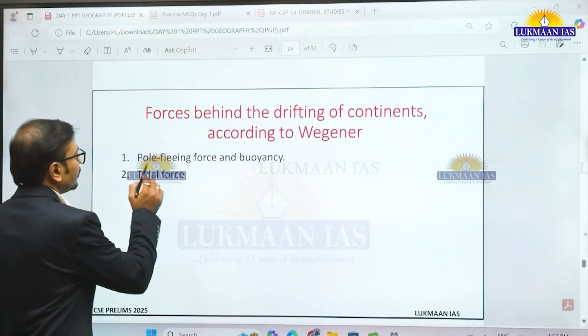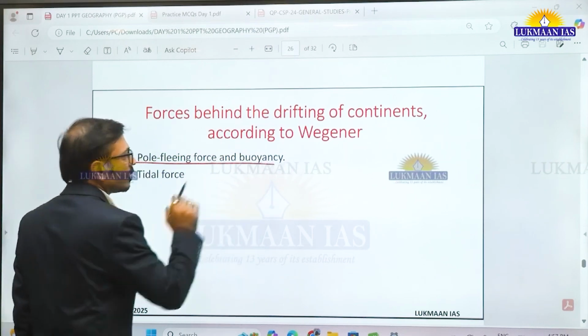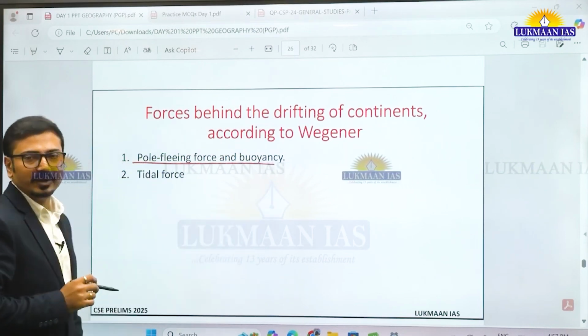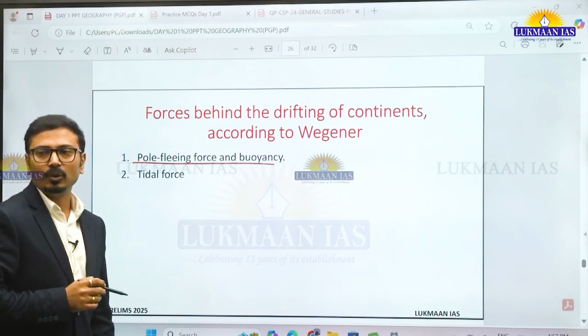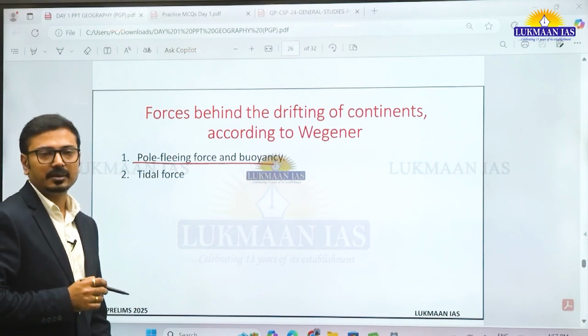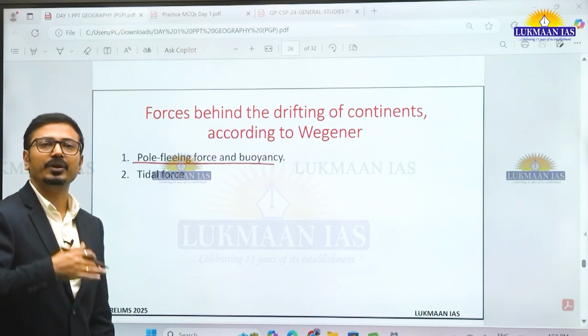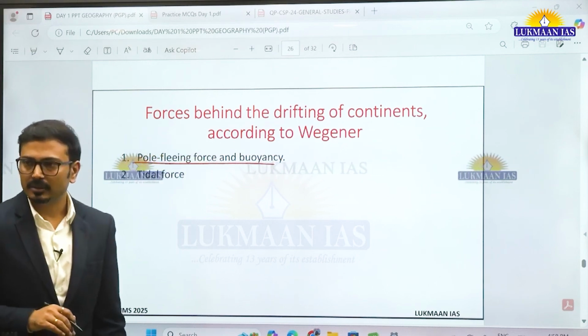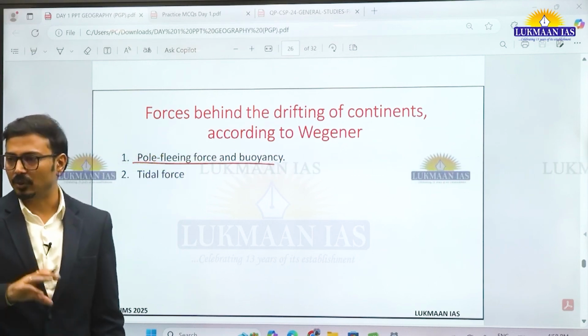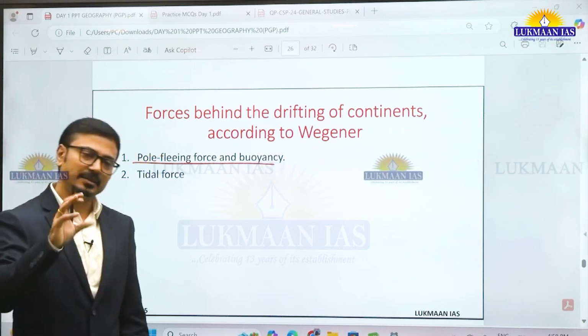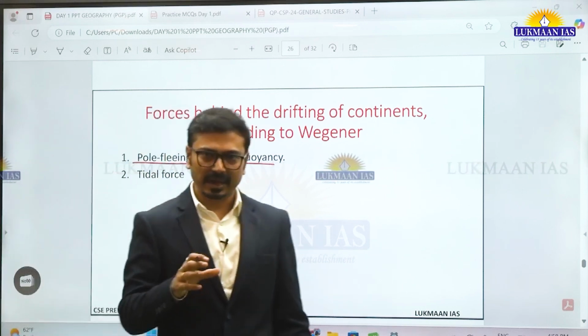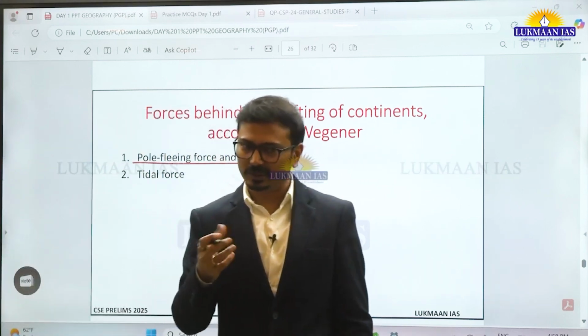He first gave pole fleeing force or buoyancy. Pole fleeing force, or polar fleeing force. What do you understand by this? The land masses are fleeing the poles and moving towards the equator, largely because of buoyancy and rotation of earth. So let's imagine that all these land masses are floating on the water.